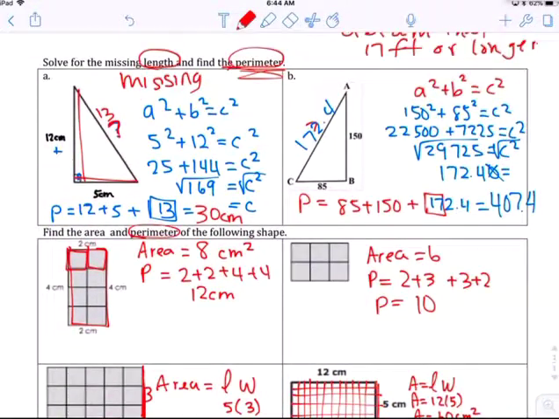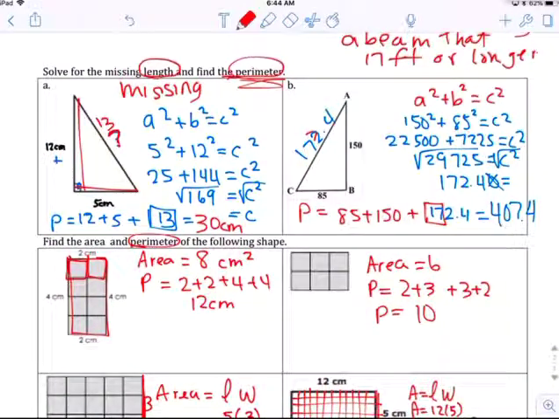Okay. Oh, this I did in the other class. You have to find area. Area is the dirt inside the fence. Perimeter is the outside part.